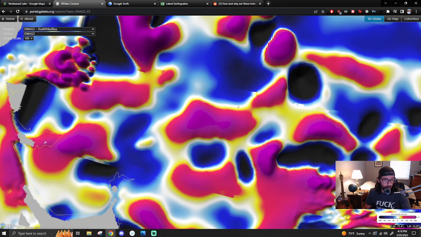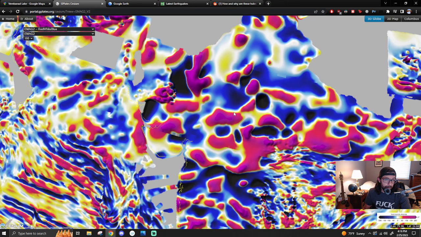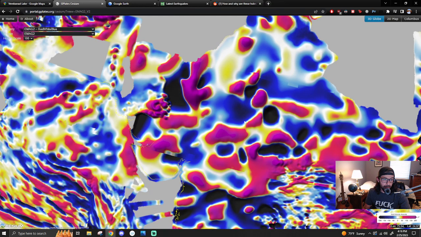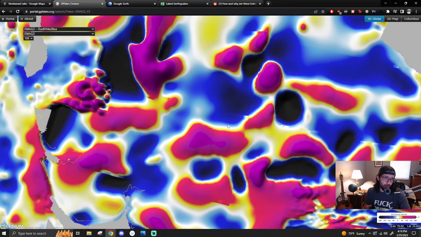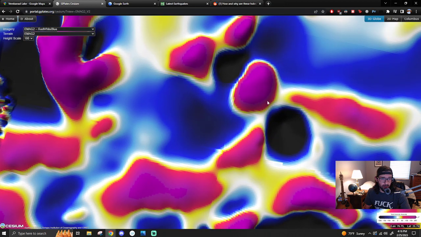So the lake pretty much goes in this length. Okay. So I was looking at it like that's kind of odd. It goes here. And I was looking over here and I was like, where's this?